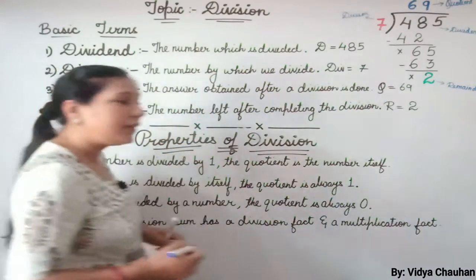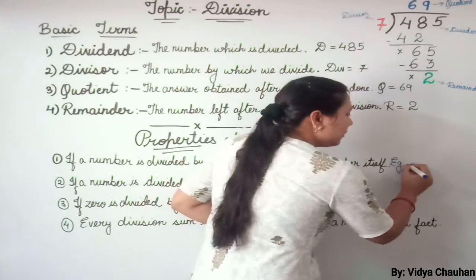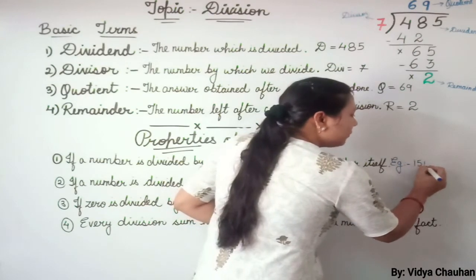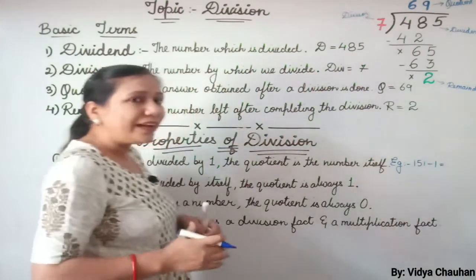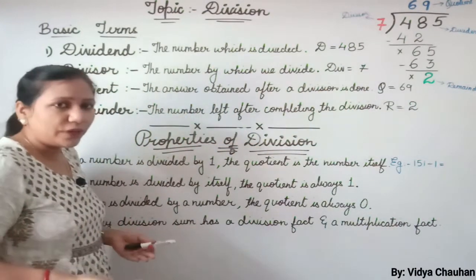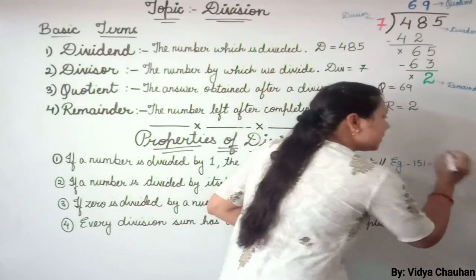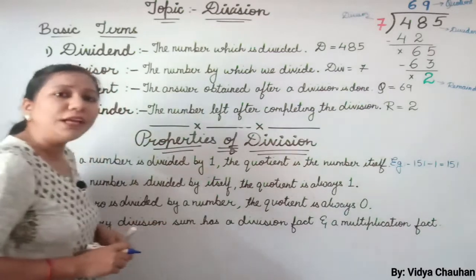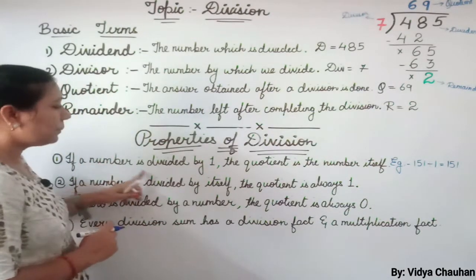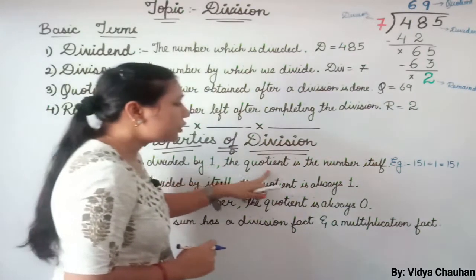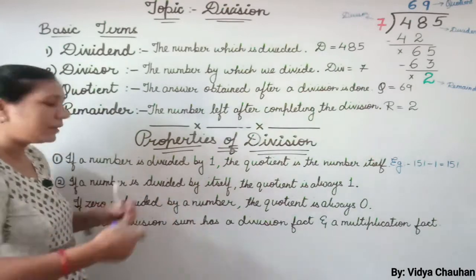For example, if I take 151 divided by 1, the answer will be 151. Clear? Our final answer will be the same number.